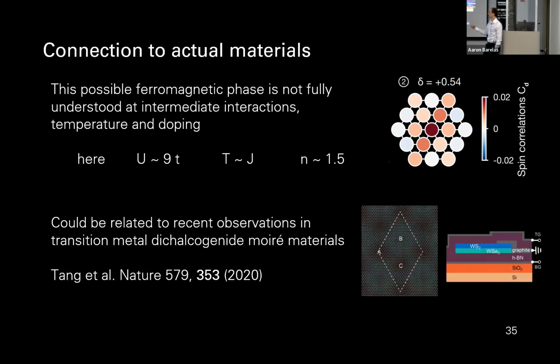And interestingly, it could be that this ferromagnetic phase is related to recent observations realized in transition metal dichalcogenides, so TMD moiré materials at Cornell two to three years ago, where they could see some hint of ferromagnetism in Curie temperature measurements at dopings which are, however, a bit different from ours. So it's pretty exciting to see how a cold atom quantum simulator can actually realize phases that are not so well understood and haven't been expected from first principles by condensed matter theorists.